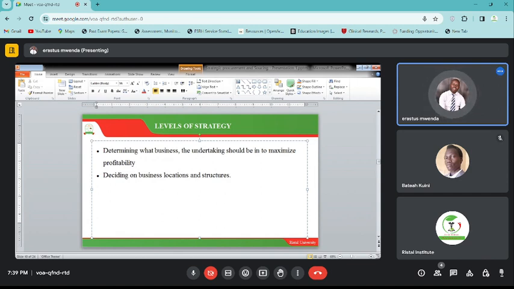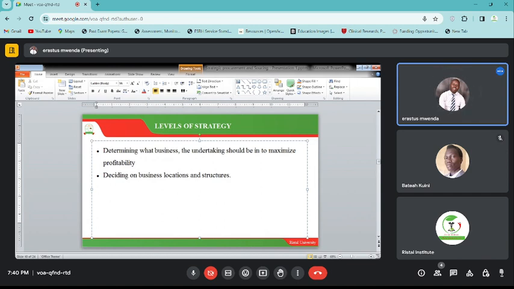This model is going to assist companies to position themselves in the marketplace.